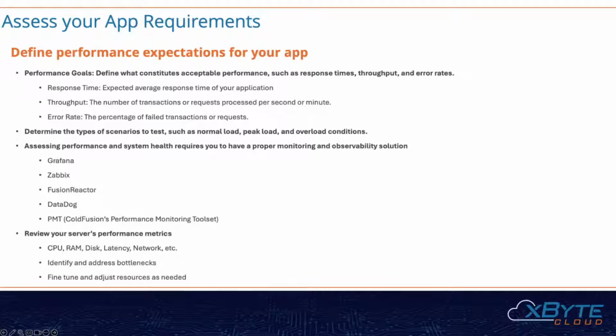As we think about a load testing scenario and load testing our own applications, let's assess our app requirements. You should be defining performance expectations for your application. What constitutes acceptable performance? Is it response time? Is it throughput? Is it error rate?